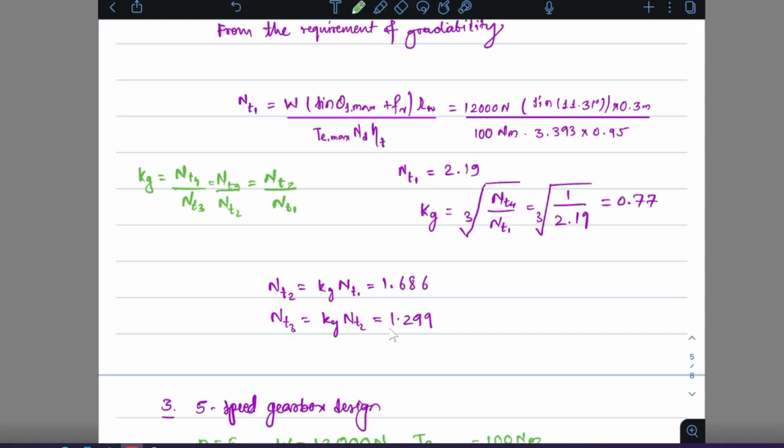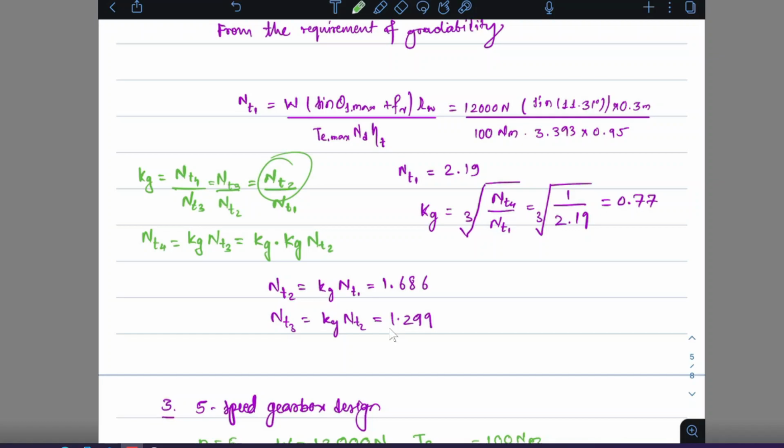So what should we do? We know this definition for kg, right? So let me write NT4 equals kg into NT3. Now what is NT3? NT3, I can take NT2 and multiply with kg. So kg, this previous one, multiplied by kg into NT2. Now what is this NT2?